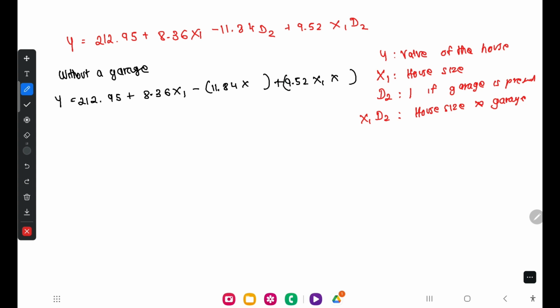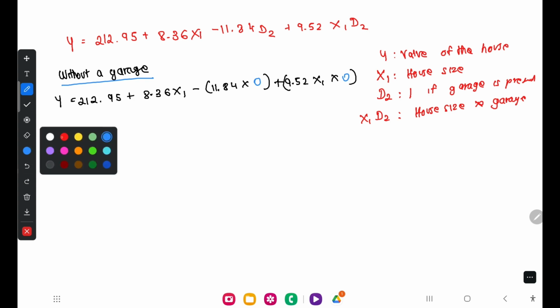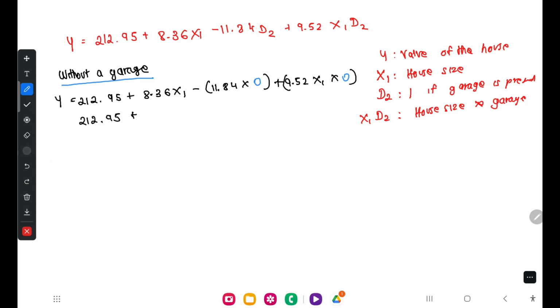What is that something? It's 0 because we are considering a house without a garage. So these two values will be basically 0. So you end up with the equation 212.95 plus 8.36 x1.